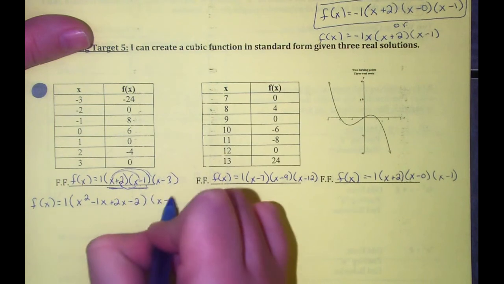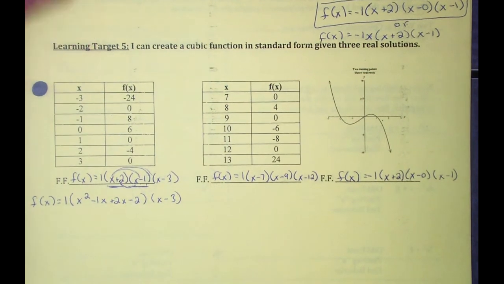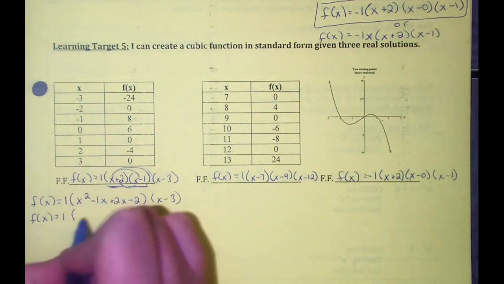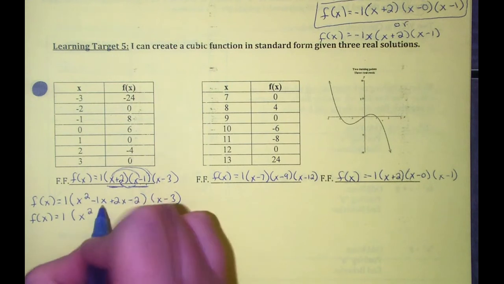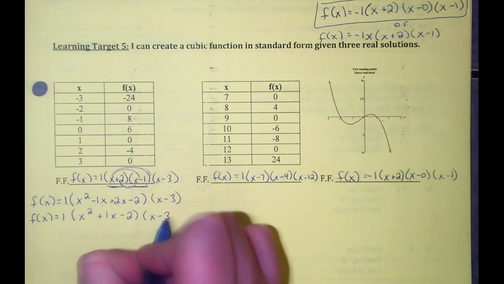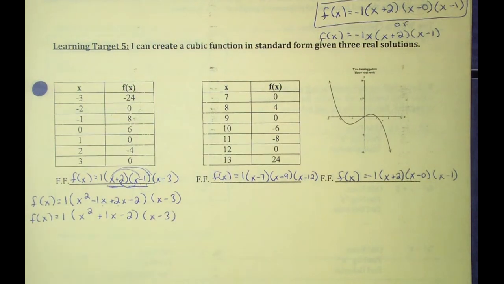And then I still have my x minus 3 out there. Then I can simplify this. So I'll rewrite everything around it. And I get x squared minus 1x plus 2x is plus 1x minus 2. And I still have my x minus 3.